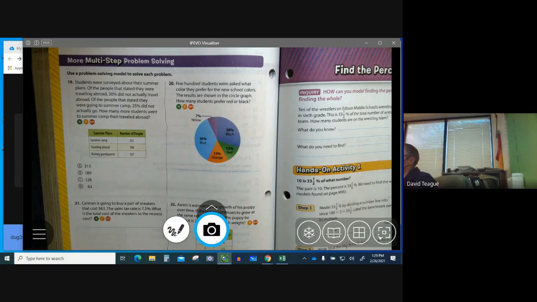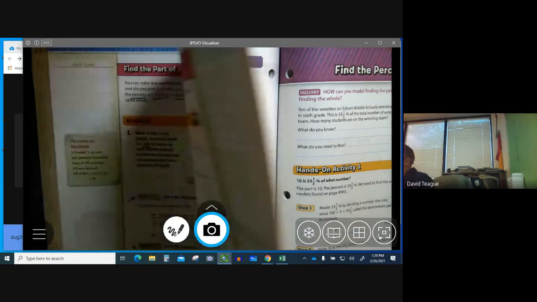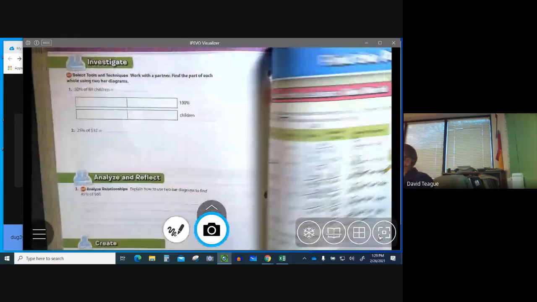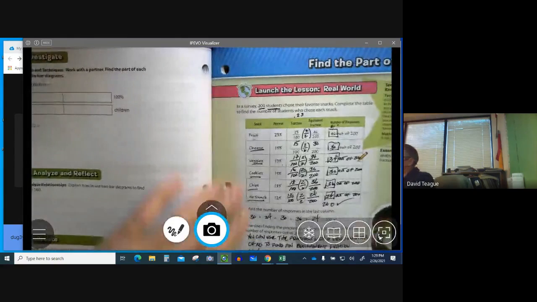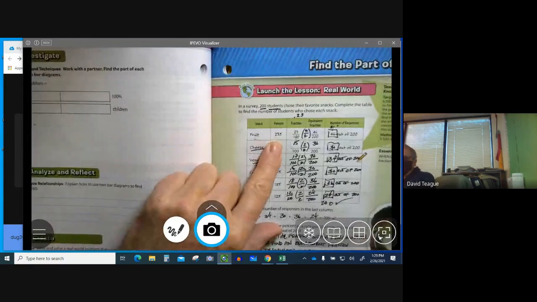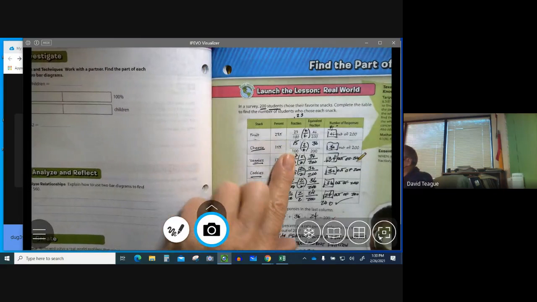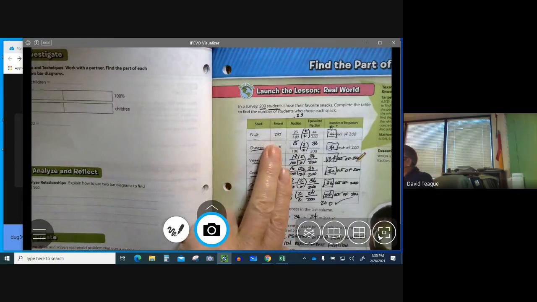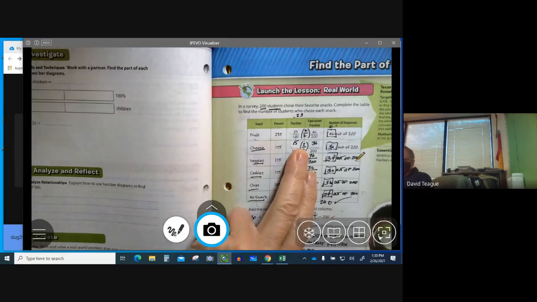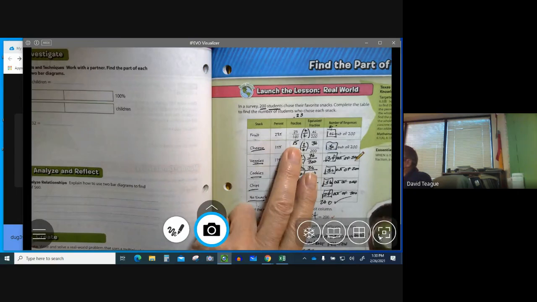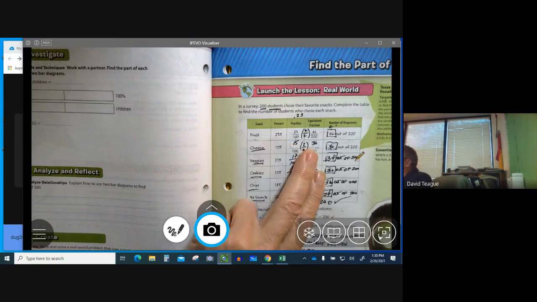So just as a real quick refresher, we've been talking about proportions and equivalent fractions. And this week we were talking about how we took the percent and rewrote it as a fraction, because these are equivalent. And then we were trying to find 23% of 200.